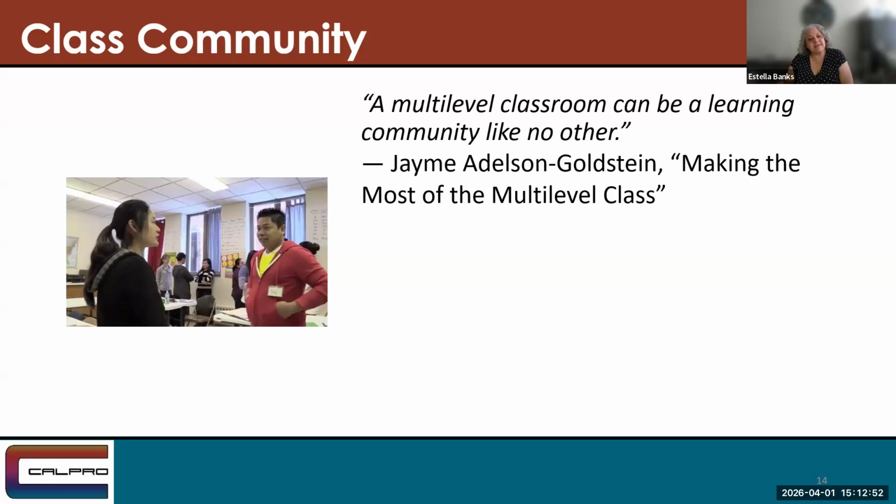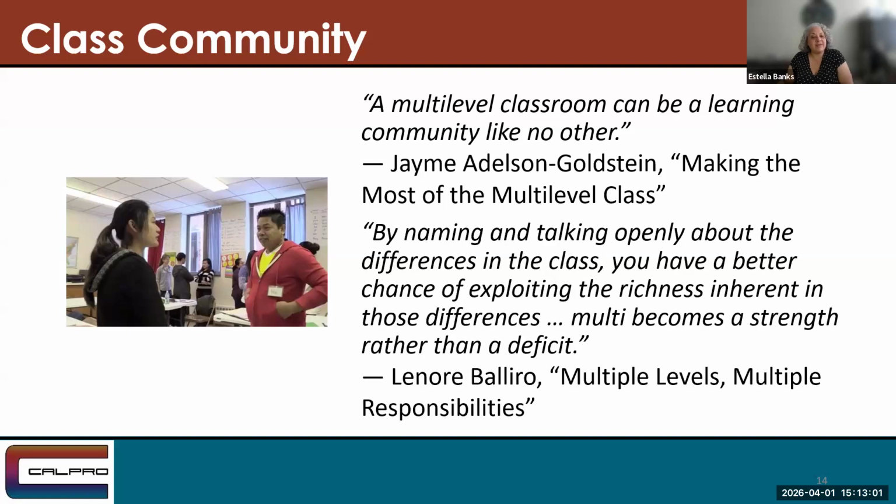One of them is: a multi-level classroom can be a learning community like no other. And the other is: by naming and talking openly about the differences in the class, you have a better chance of exploiting the richness inherent in those differences. Multi becomes a strength rather than a deficit.